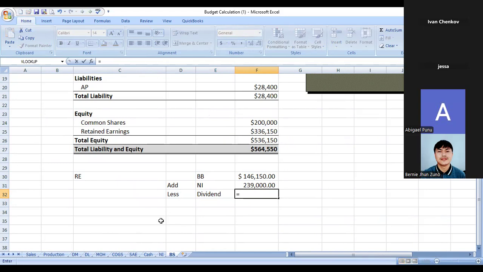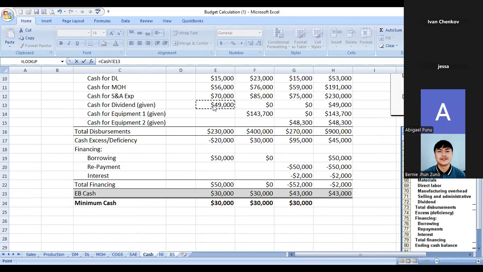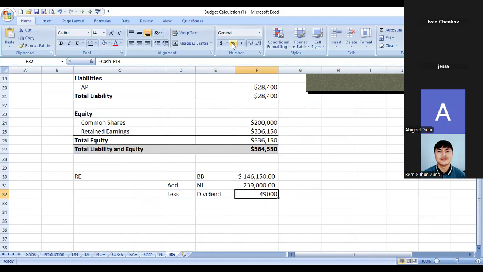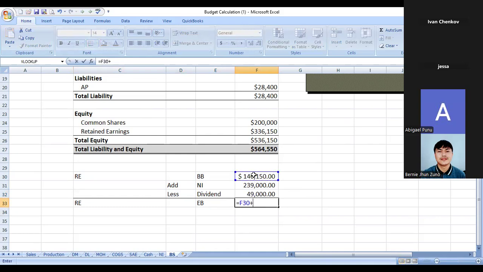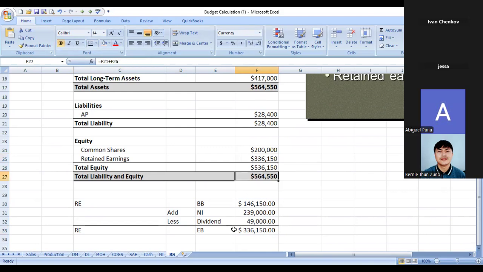We already know that we paid from the cash: we paid 49,000 dividend. And once we have those numbers, we're going to get the retained earnings ending balance, which is equal to the beginning balance plus net income minus dividend paid. That's 336,150, and we're going to plug it right here. And that's how we're going to prepare the balance sheet.